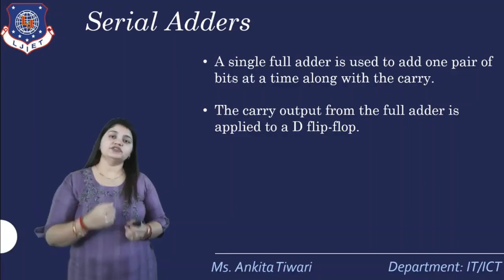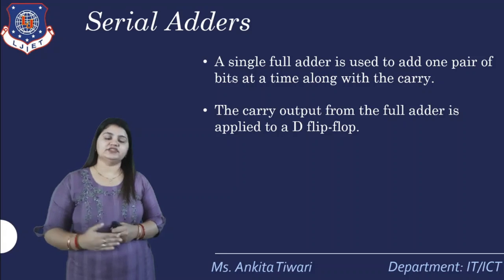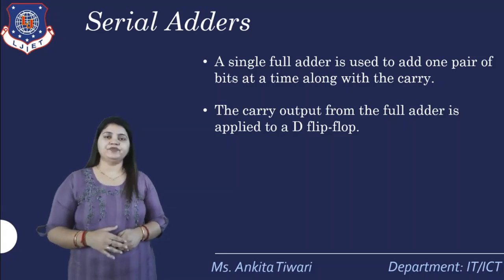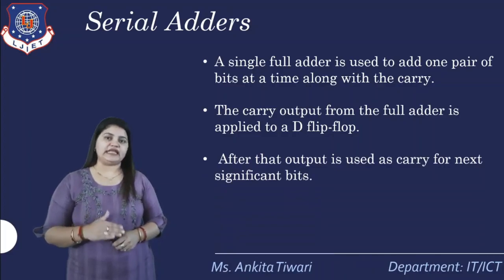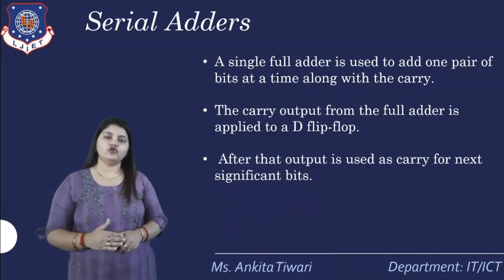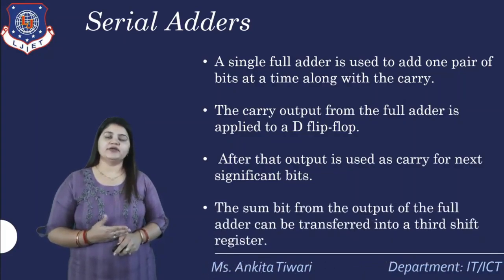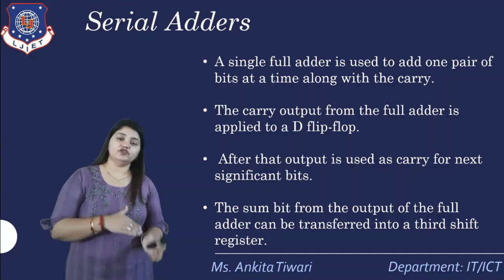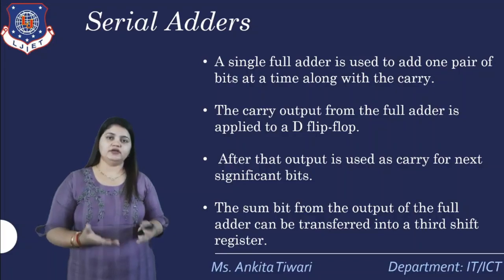You can use an SR flip-flop, JK flip-flop, T flip-flop or D flip-flop. Basically in registers we always use a D flip-flop because it provides two values, D and D bar, that is the negative value also. After that, the output is used as a carry for the next significant bits. The sum bit from the output of the full adder can be transferred to a third shift register in order to check whether the output has been done or not.